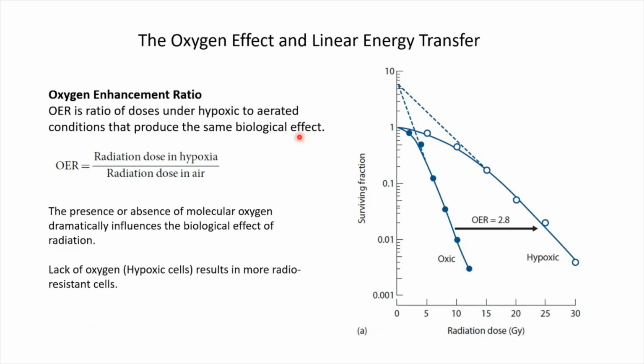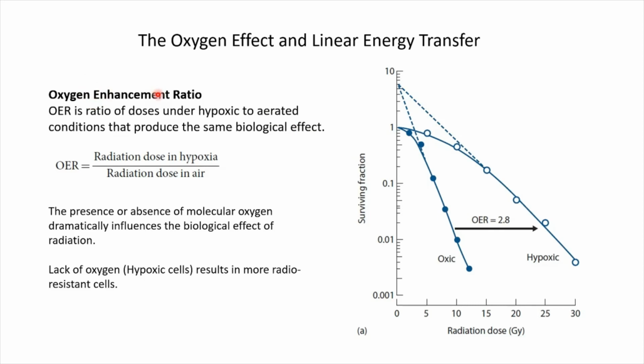And now next is the oxygen effect and linear energy transfer. The presence and absence of molecular oxygen dramatically influences the biological effect of radiation. So if a cell is hypoxic, it is more radioresistant, and if a cell is oxic in nature, it is more radiosensitive. Now we introduce one more term, which we call the oxygen enhancement ratio.